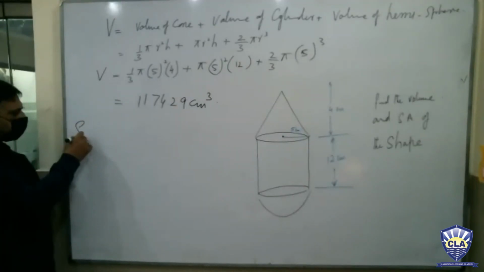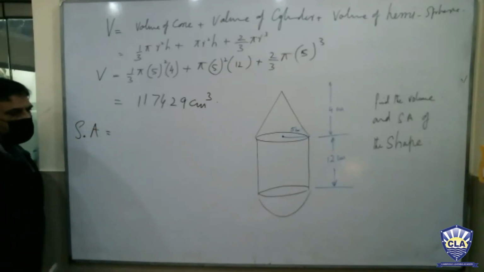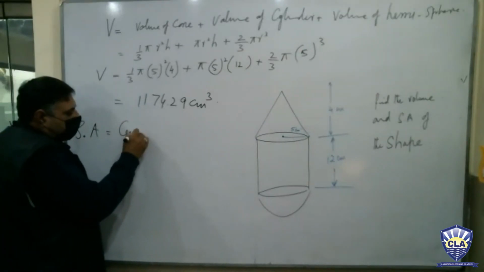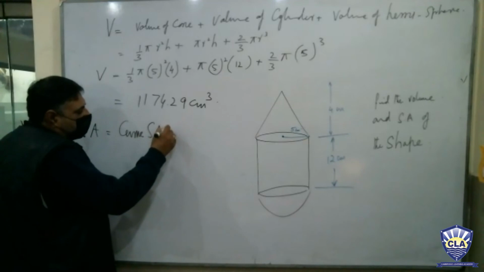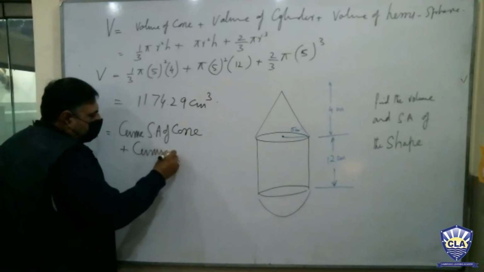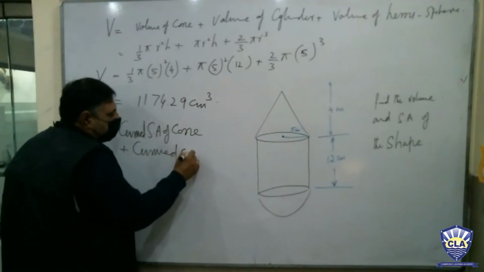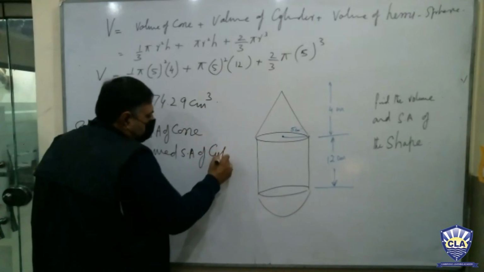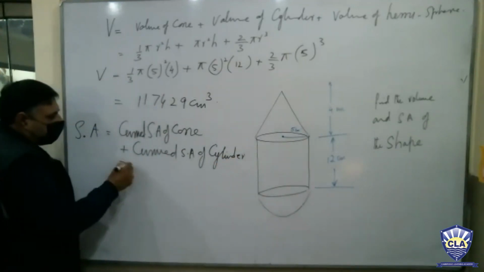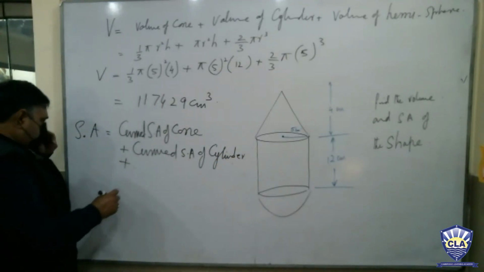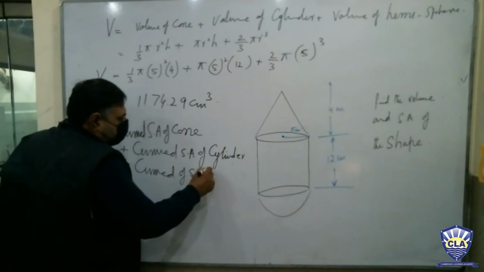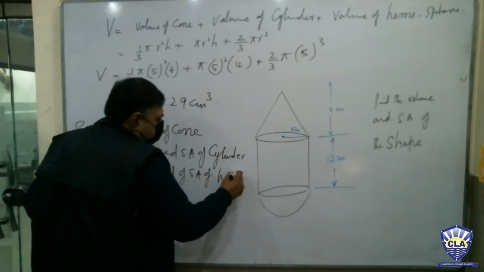Now surface area. Surface area of how many shapes? Only the curved surface area of cone, plus curved surface area of cylinder, and plus curved surface area of hemisphere.